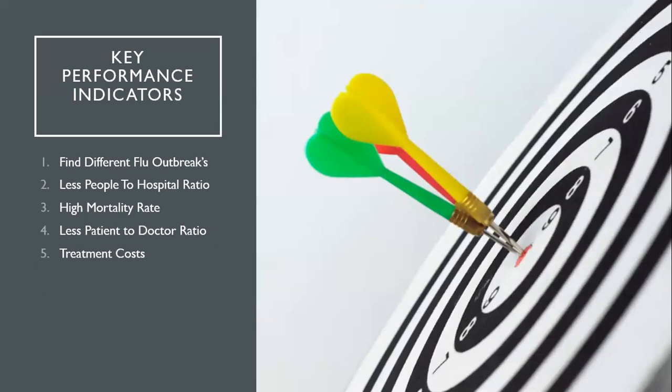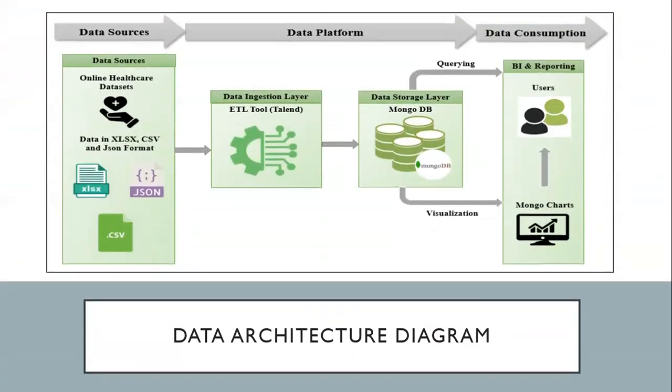So now let's talk about the next slide, please. Yeah, so now let's talk about the data architecture diagram. For the data architecture diagram, the data sets which we dealt with were mostly in CSV files. We imported those CSV files and used the ETL tool Talend, and we did the data cleaning and profiling using Talend.